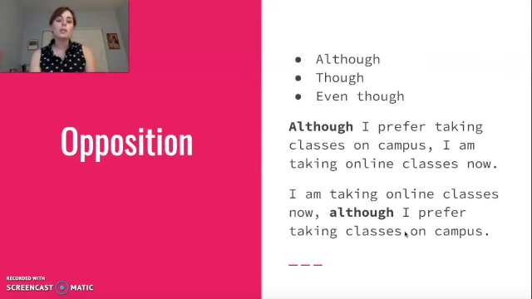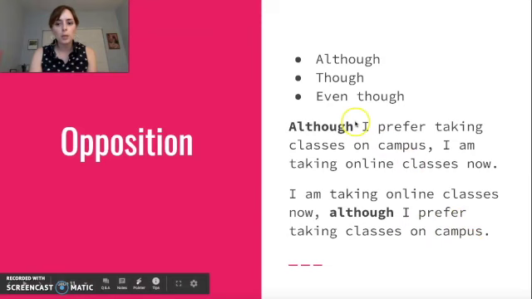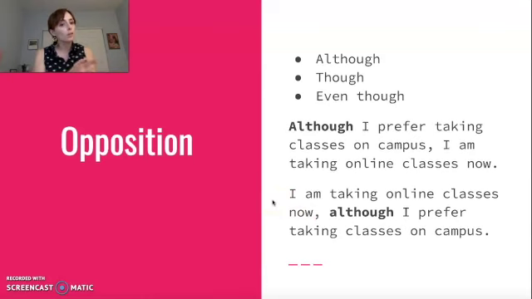We can also write it like this. I am taking online classes now, although I prefer taking classes on campus. So does the meaning between this sentence and this sentence change because the order of the clauses has changed?